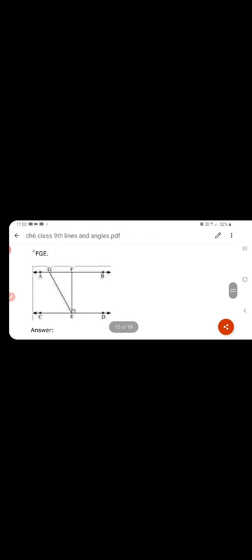So both are equal, 126 is equal to 126. However, AGE plus FEG is equal to 180 because they are a linear pair. This angle and this angle are a linear pair. So 180 minus 126, that is 54 degree. It's your answer.